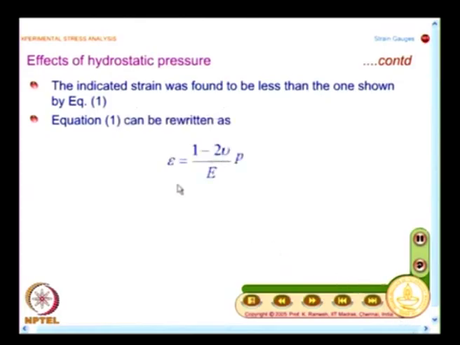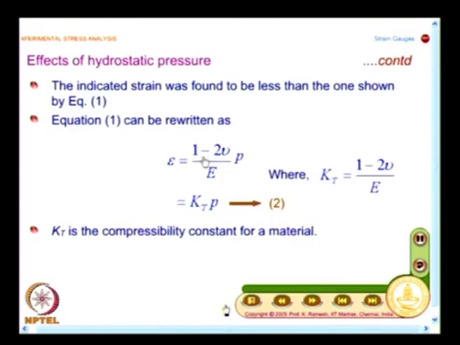So, what you have is the analytical expression for strain, which could be simplified as 1 minus 2 nu divided by Young's modulus E, multiplied by the pressure P. This could be rewritten as kT into P, where you define kT as (1 minus 2 nu) divided by Young's modulus, and you call this kT the compressibility constant for a material.